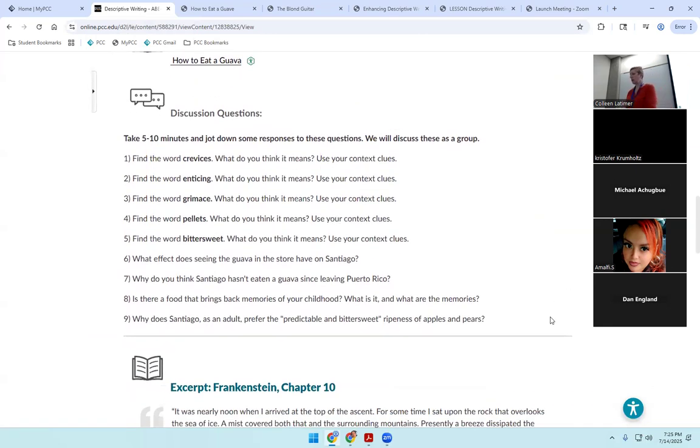For those of you in here, it's the second page. The questions are written out. You can take a look at those.